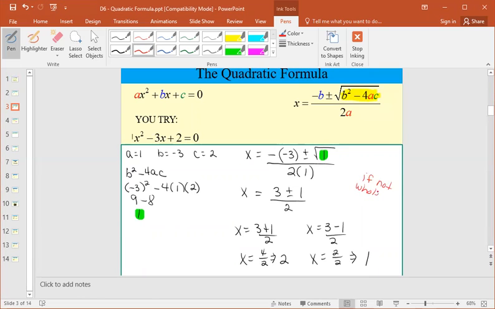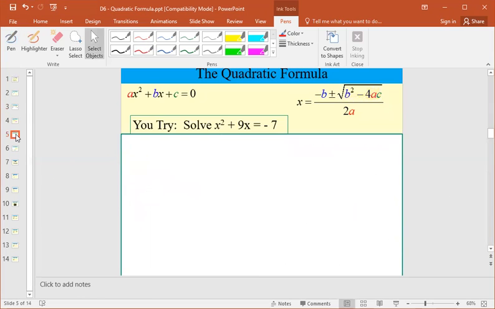Sometimes they come out to be just regular old numbers, which means that it's factorable, or we could have those that do not work that way.